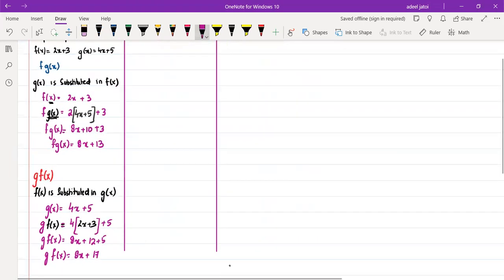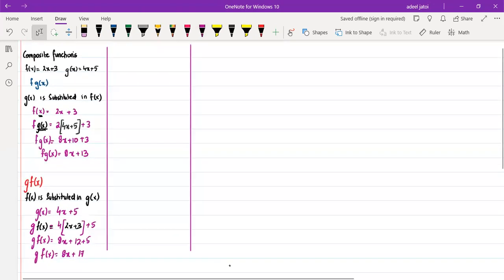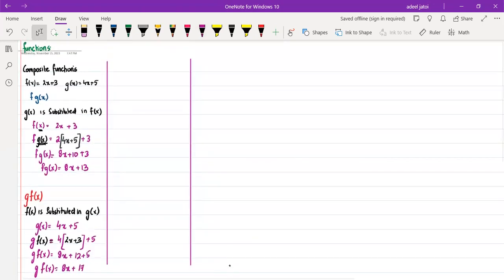Now, these are the two normal questions that the examiner will test you on in functions of AS. It is also tested in A-level Maths. Considering that we have been doing composite functions, let me give an example.